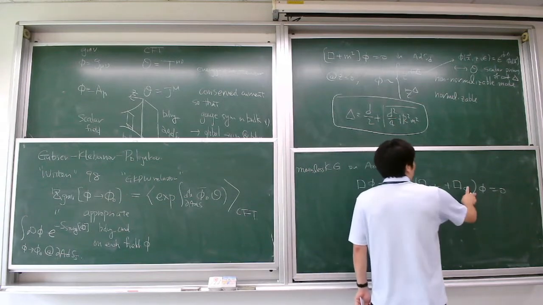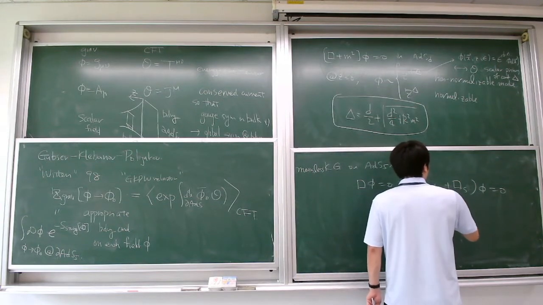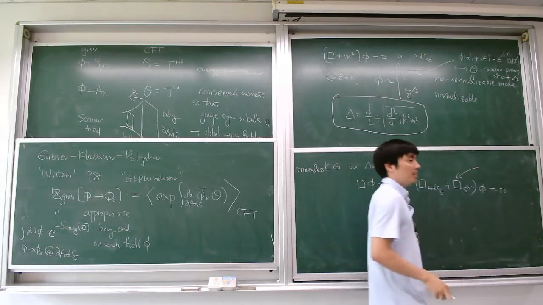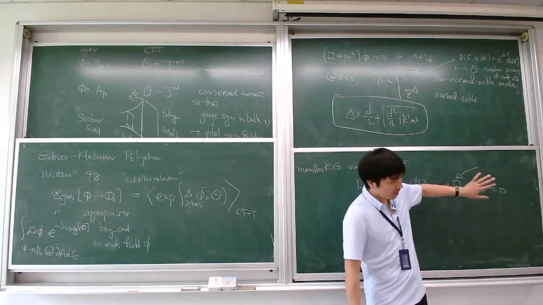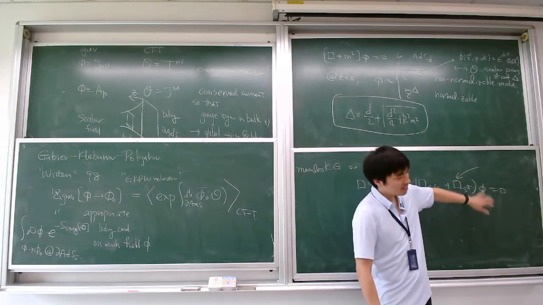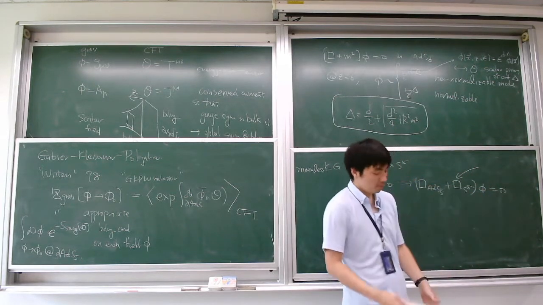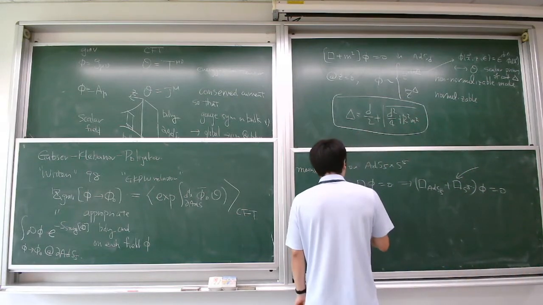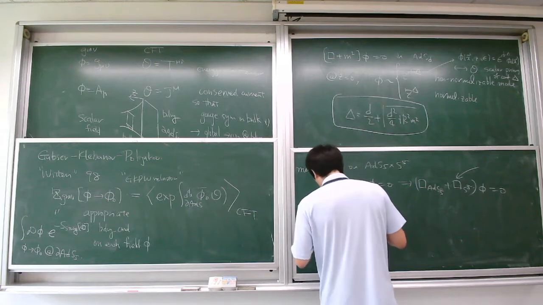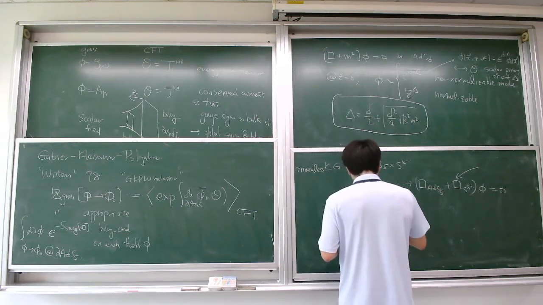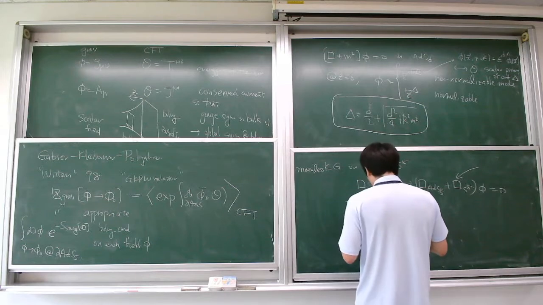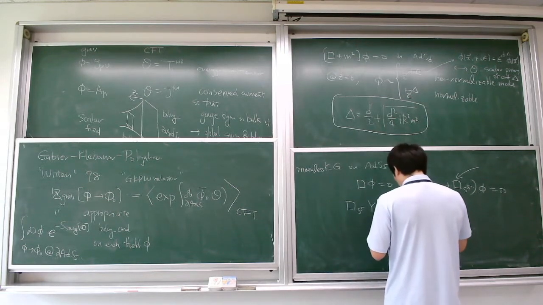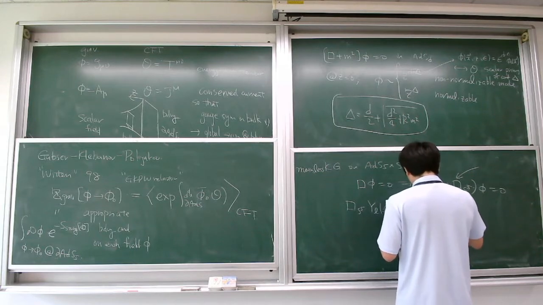And here you can do the explicit calculations. The Laplacian of the sphere is very well known. The Laplacian of S5 acts on spherical harmonics such that it has an eigenvalue of the following form, L times L plus 4.